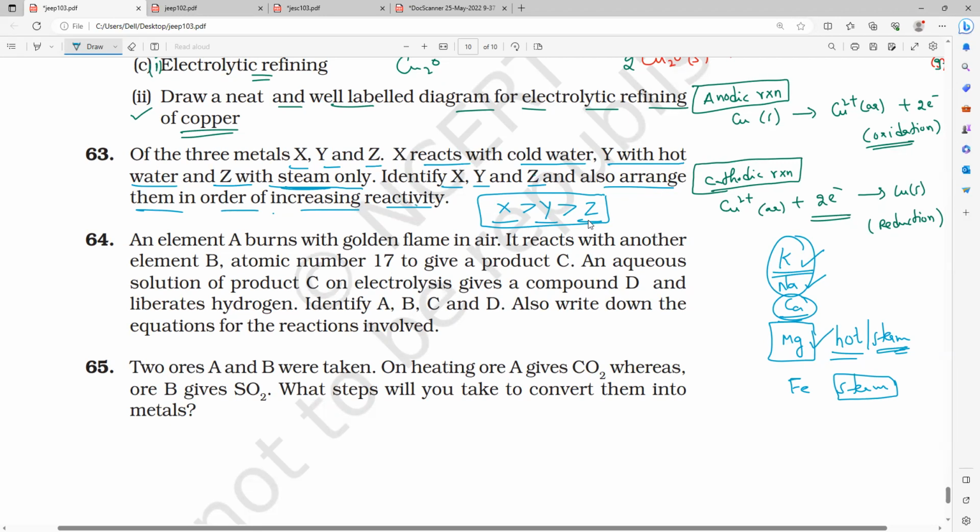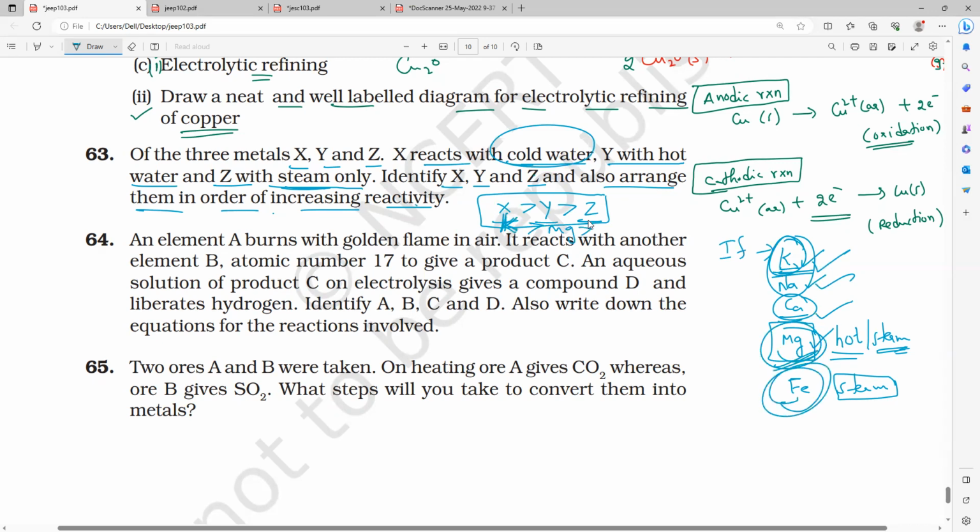Identify X, Y, Z. So we are using X, Y, Z. X means I will say either potassium, sodium, or calcium, our choice, because it is cold water. If I take X as K, then I will write K. Next, Y is a what? Magnesium. Next, Z is maybe aluminium, zinc or iron.